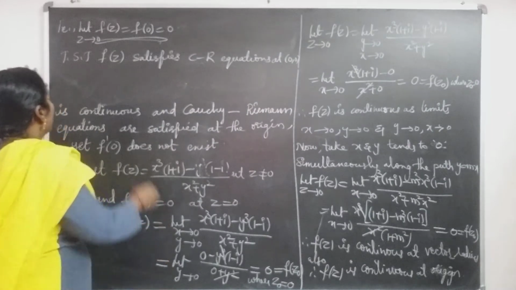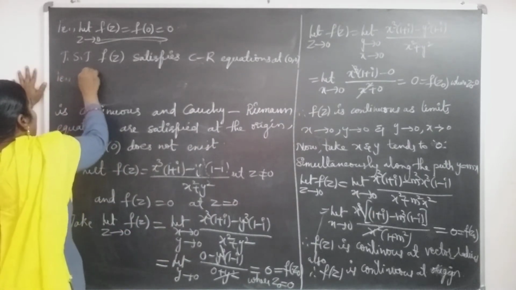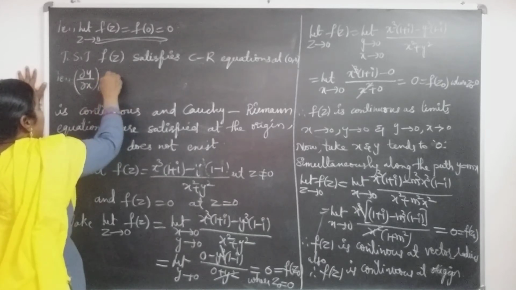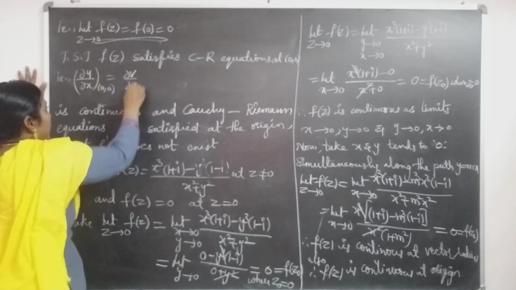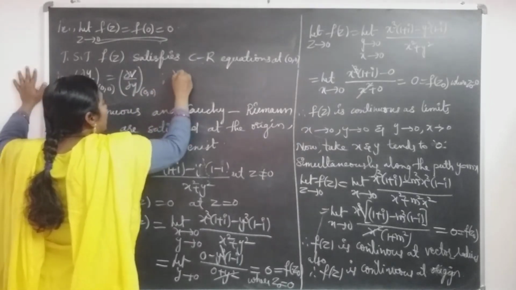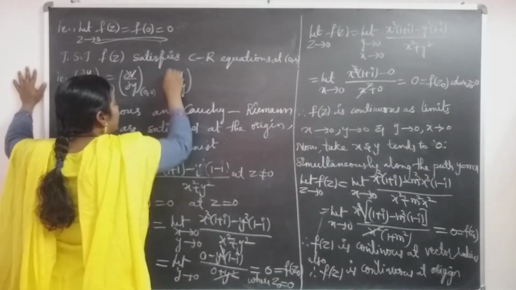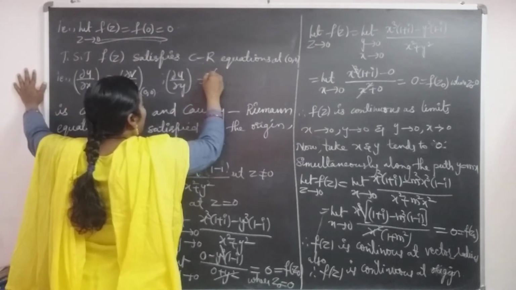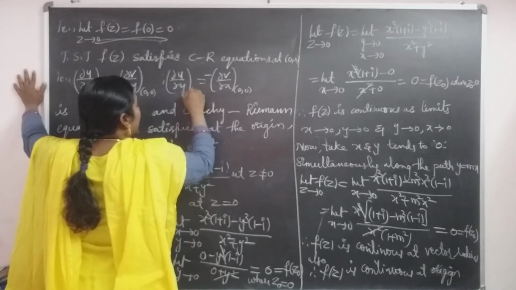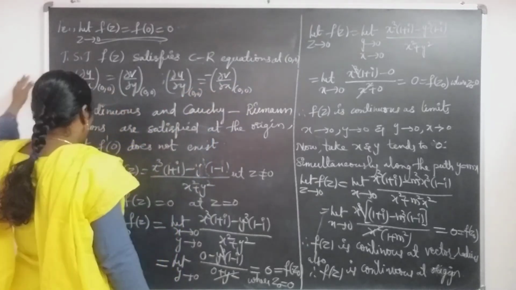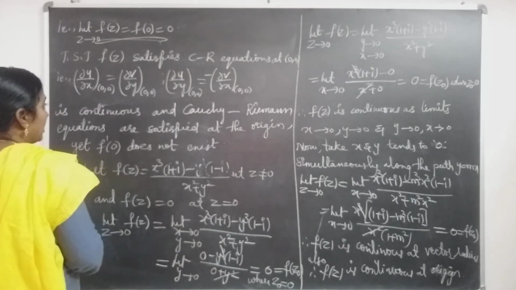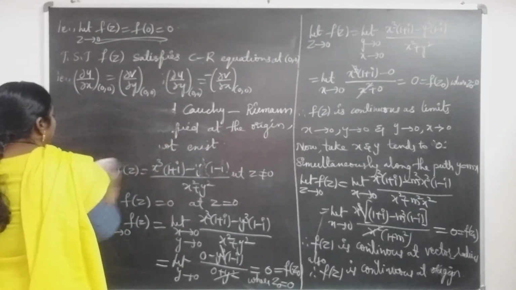At origin, that is nothing but dou u by dou x at origin equal to dou v by dou y at origin. Dou u by dou y equal to minus dou v by dou x at origin. We can show that these two equations are satisfied by the function f of z.